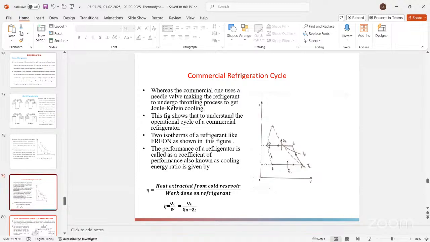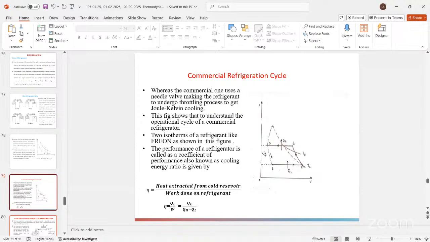From A to B, the process starts due to throttling, hence involving the drop of pressure and temperature. The states of A and B cannot be described.